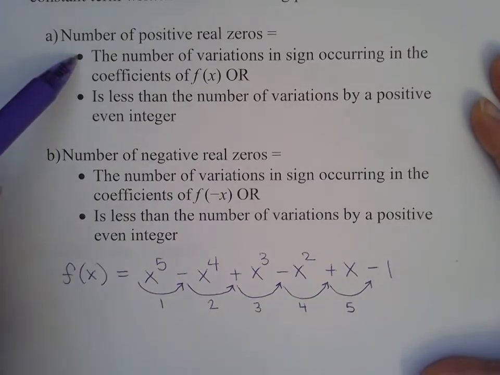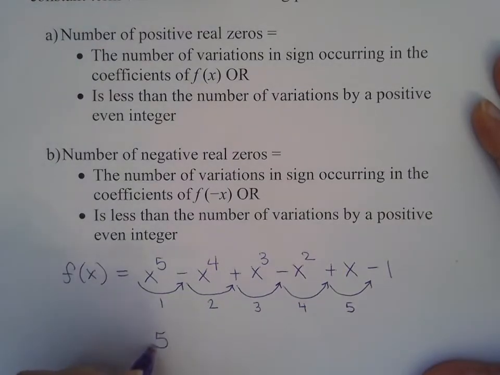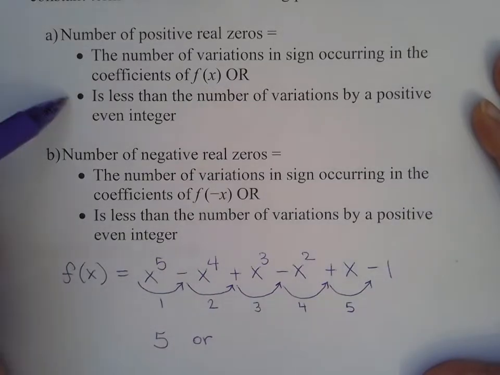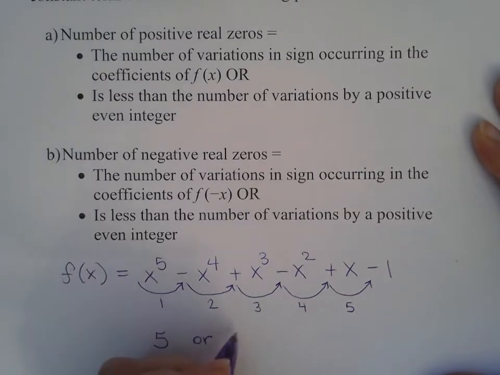So the number of positive real zeros for this could be 5, or it could be less than that number by a positive even integer. So that means I could subtract 2. It could be that I have 3 positive real zeros, or I could subtract 2 again.